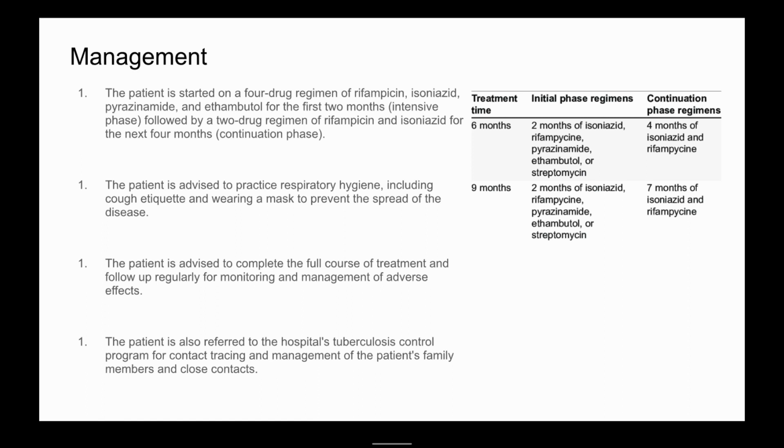The patient is started on a 4-drug regimen of rifampin, isoniazid, pyrazinamide, and ethambutol for the first 2 months, that is the intensive phase, followed by a 2-drug regimen of rifampin and isoniazid for the next 4 months, that is the continuation phase.